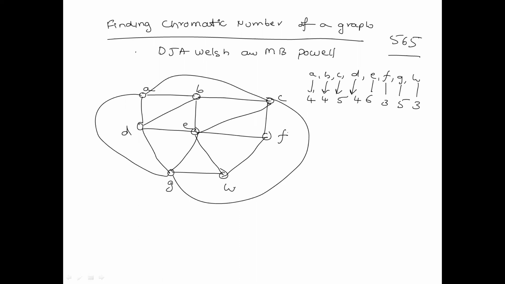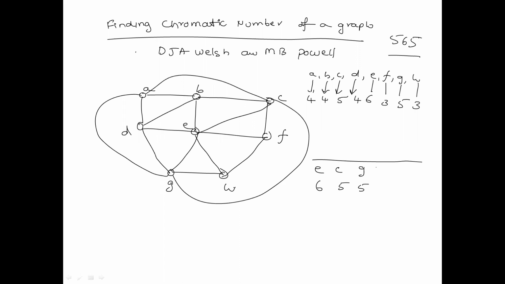So what this mathematician is suggesting is you first write them in decreasing order. What is the highest degree? E, so E's degree is 6. Then C and G have degree 5; you can write C, G or G, C, no issue.